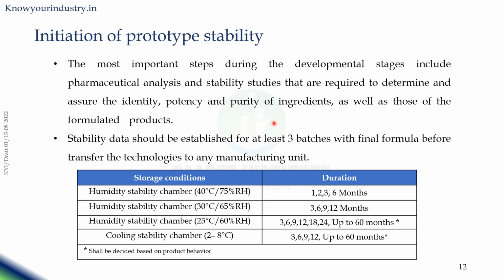That will give you full confidence when you transfer the product to your manufacturing site. Samples should also be withdrawn at predetermined time points and studied based on the dosage form tests, which we will be giving in our future modules.